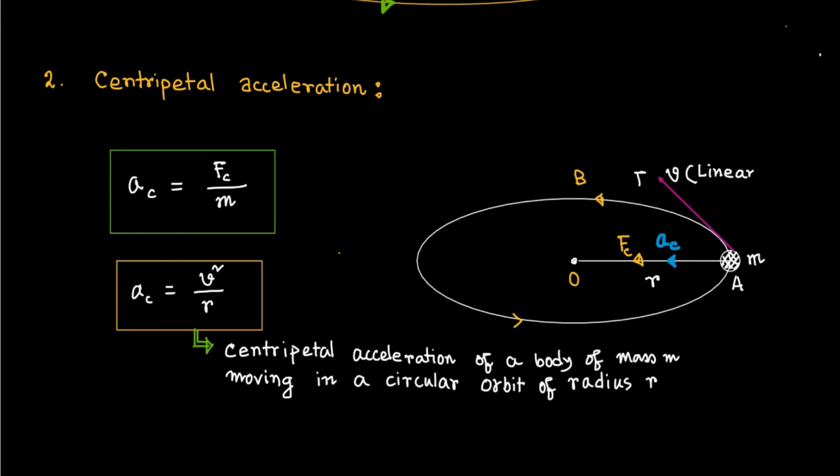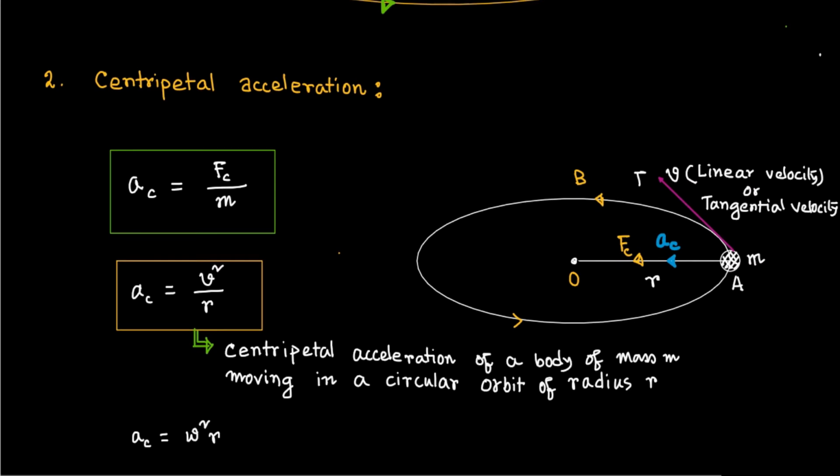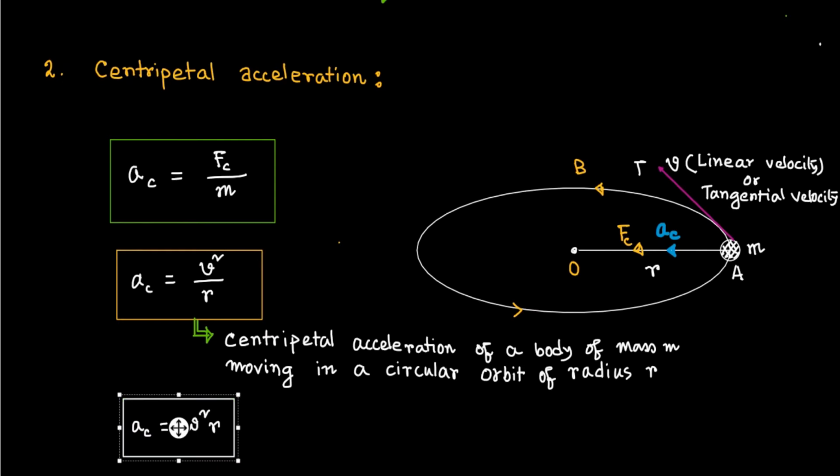So along the tangent AT, the body has the linear velocity v. v is the linear velocity or tangential velocity. But the body will be moving along the curved path AB under the action of centripetal force Fc, and if we divide centripetal force Fc by mass, then we get centripetal acceleration ac. Therefore ac equal omega square dot r.